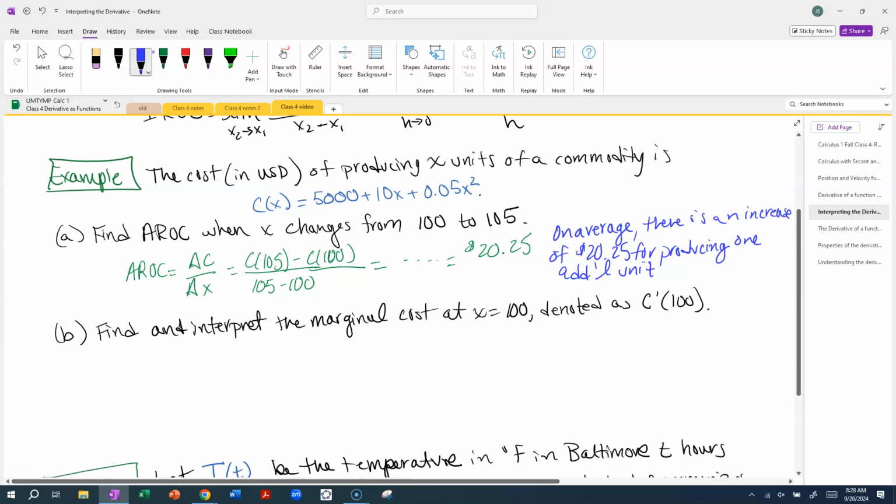Okay, and so now we have an idea of what the average rate of change is.